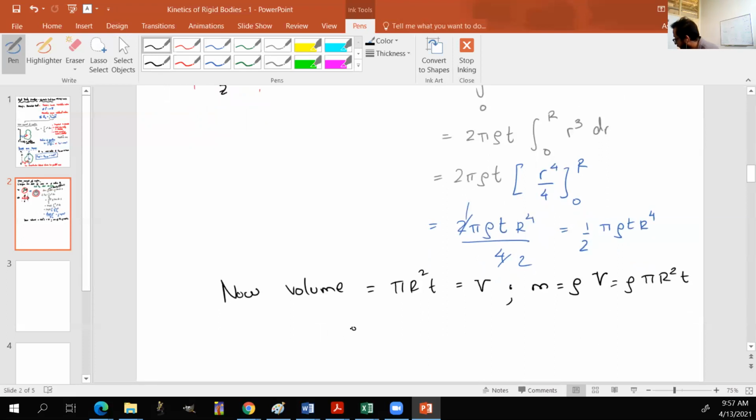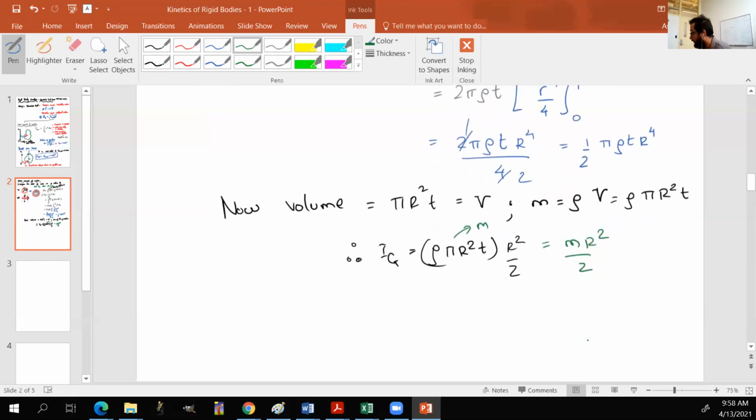So here you get that Ig is equal to, simplified for you guys, rho pi r squared t times r squared over 2. And we know that this is equal to m. So it's just equal to m r squared over 2. So this is the mass moment of inertia of a disk about its center.